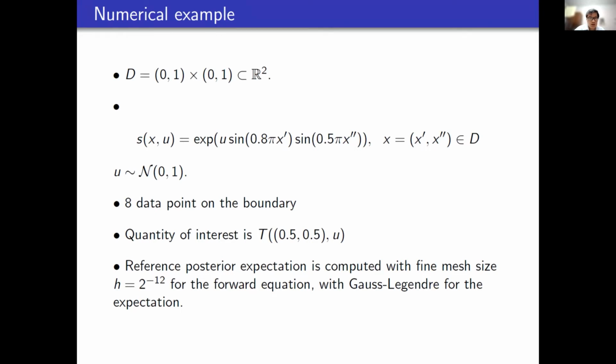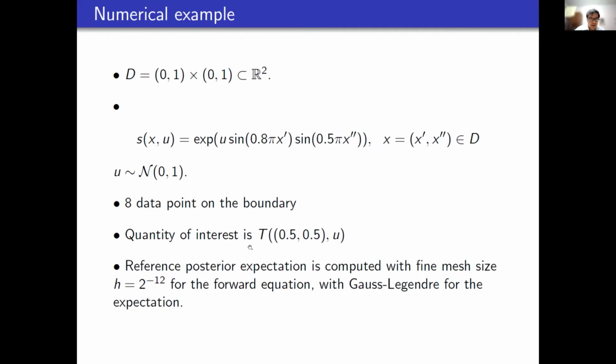So here we consider the case where this S depends on just one random variable, because in this case we can compute a reference posterior mean for the quantity of interest highly accurately to compare with the result of the multi-level MCMC. But we can fully perform numerical computation for the case where the slowness S depends on many U1, U2, and so on.